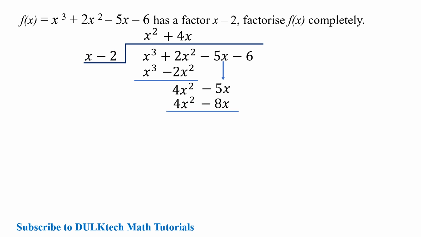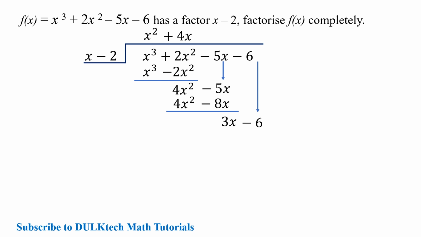Now let's subtract the aligned terms. 4x squared minus 4x squared is 0. Then minus 5x minus minus 8x, we get 3x. Then let's drop this minus 6, the term that is next after the aligned terms.